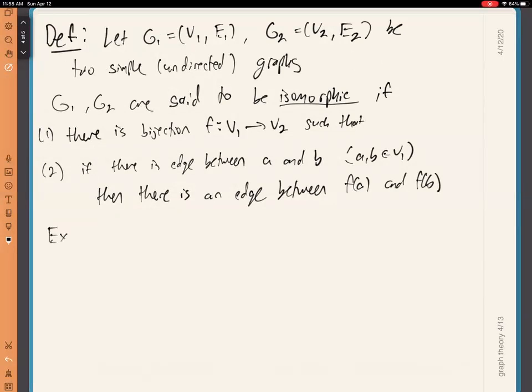And so let's look at the more complicated part of the previous example. The first graph was basically C4, or the cycle on 4 vertices, and this was my G1. Then let's relabel, say G2 instead of G3, the graph we got by informally imagining flipping over part of the graph.